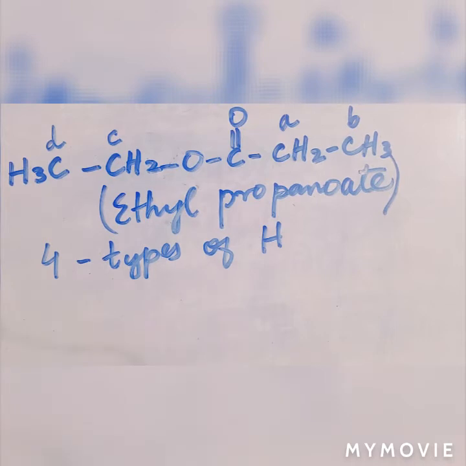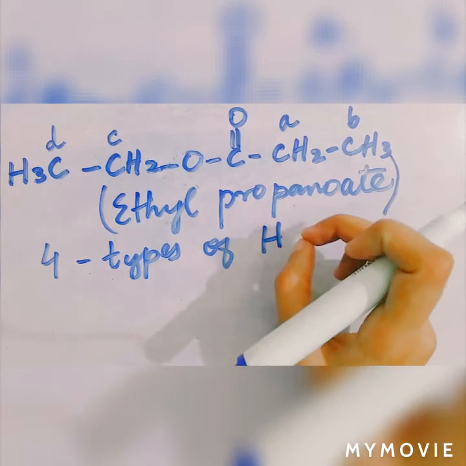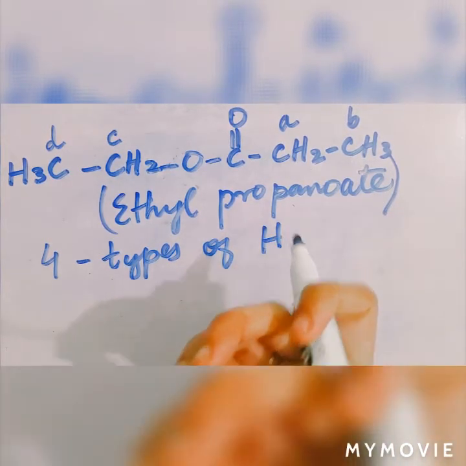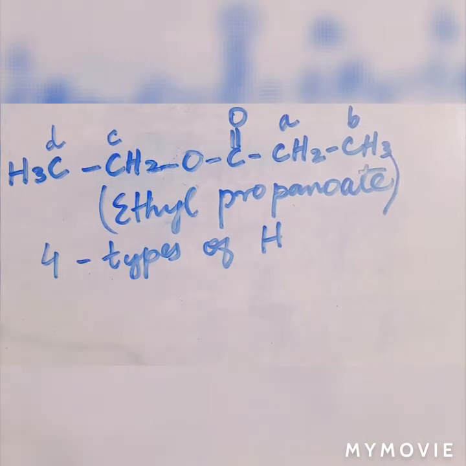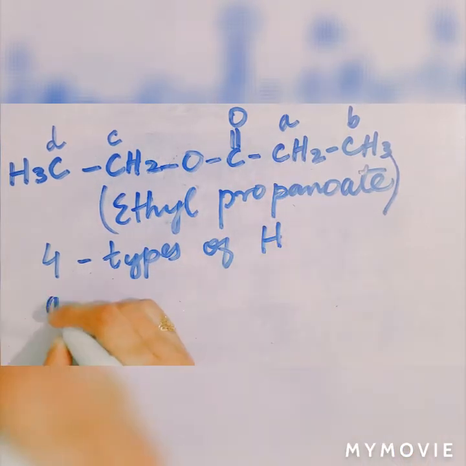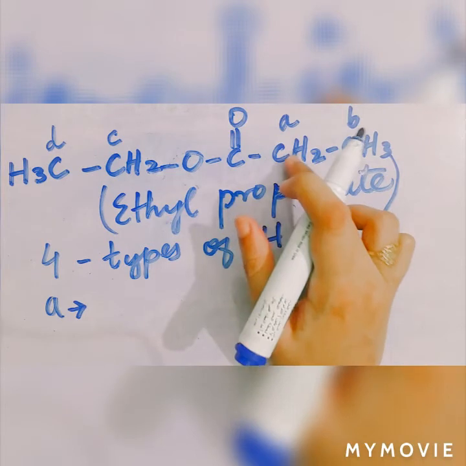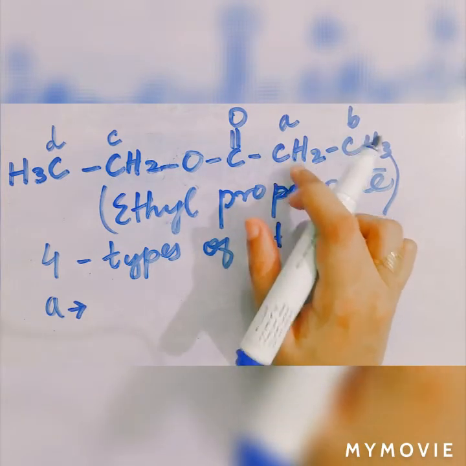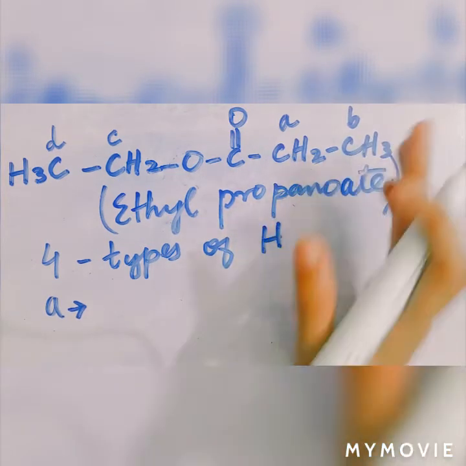The second point is which proton is downfield and which proton is upfield in a proton NMR spectrum. Number A, this CH2's proton will give a quartet signal. Why?